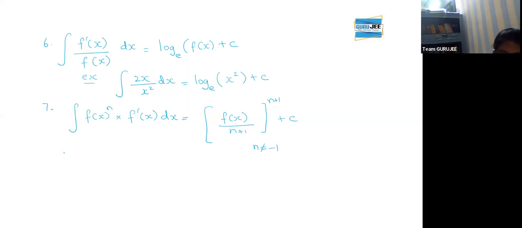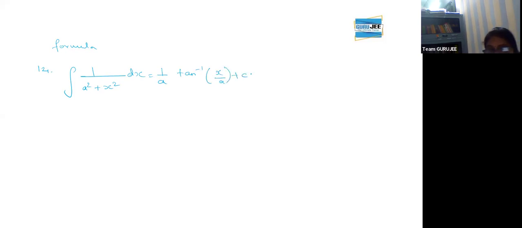Integrate 1 by a square plus x square dx equals 1 by a tan inverse of x by a plus c. We will be using this formula today.